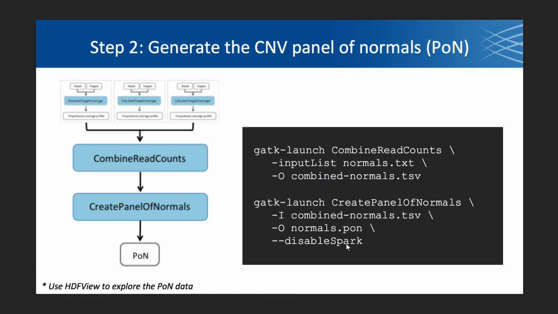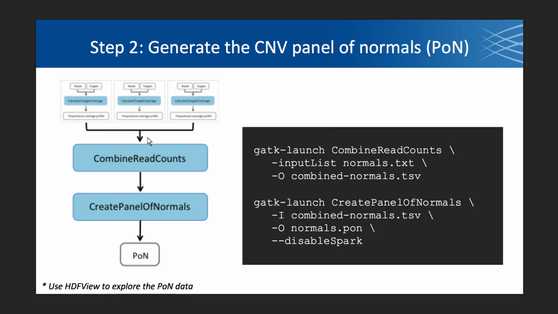In step 2, we generate the panel of normals. Here in this diagram, I'm only showing 3 normal samples, but this is just a toy example. We typically recommend at least 3, if not 40 or more, normal samples per PoN.